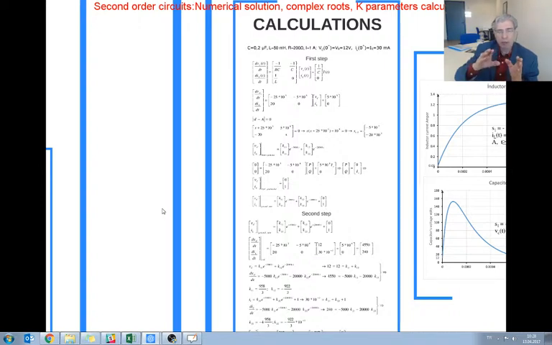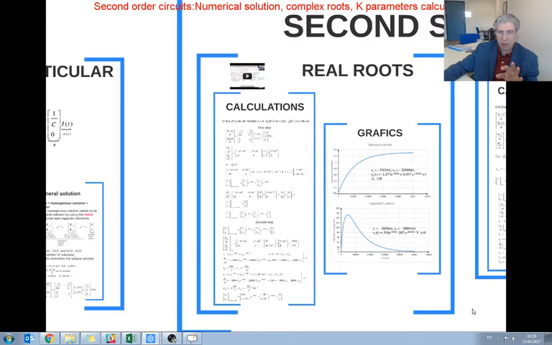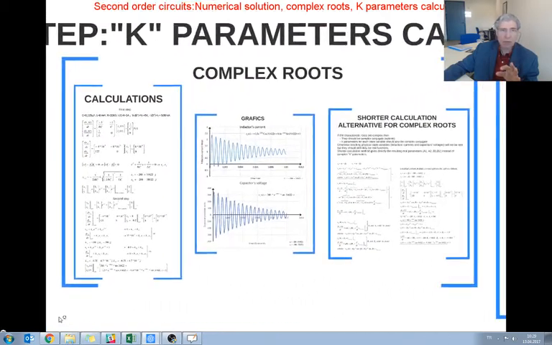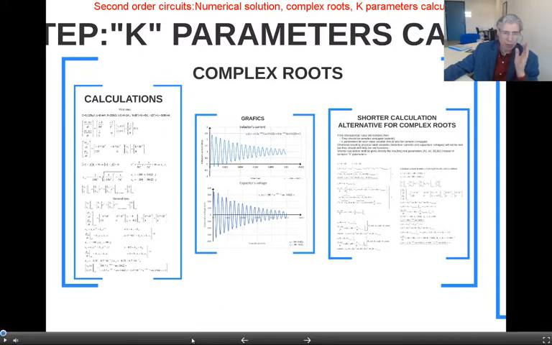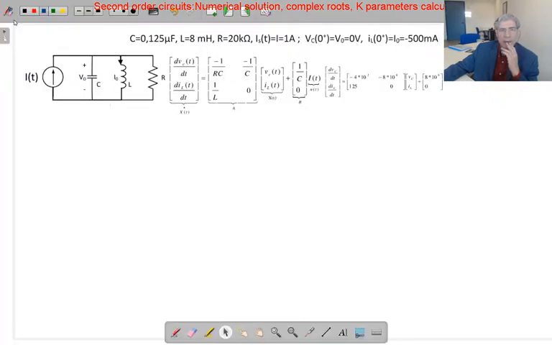Therefore we are examining these solutions for different characteristic root types. For the real roots we have already examined, and now we will be examining the complex roots. I can say it on the open board, it is better. So for the complex case we are going to examine what happens.